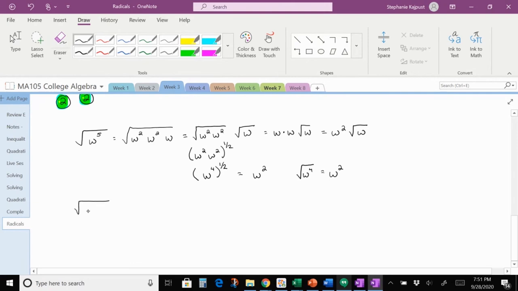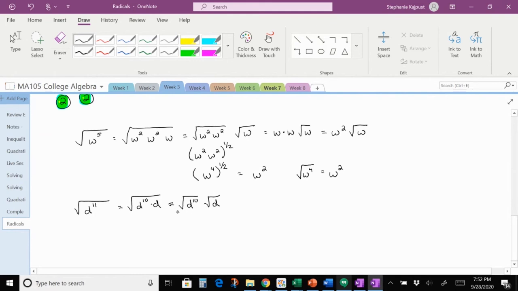So if I had d to the 11th, I can't divide 11 by 2. But I could rewrite this as d to the 10th times d, and I can divide 10 by 2. So I would split that up separately.